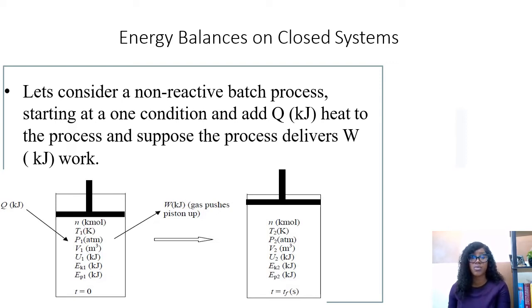At state 2, we'll have the number of moles, we'll have temperature T2, a new pressure P2, a new volume V2, internal energy U2, kinetic energy EK2, EP2 for potential energy, and time t equal tf, right? This is our final time.